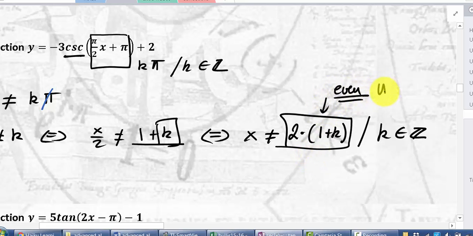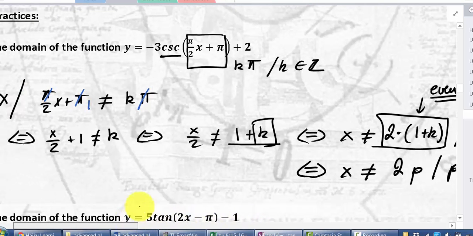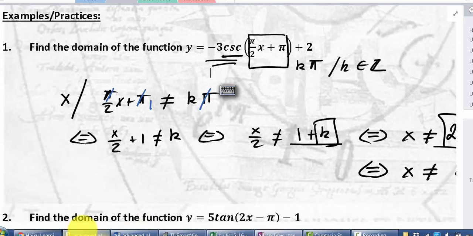That's all. This is an even number, right? So, x is not an even number, so let's write that 2p such that p is in Z. That's it. x cannot be even. So this function is defined everywhere except on the even numbers. Okay? I'll let you do examples 2 and 3.